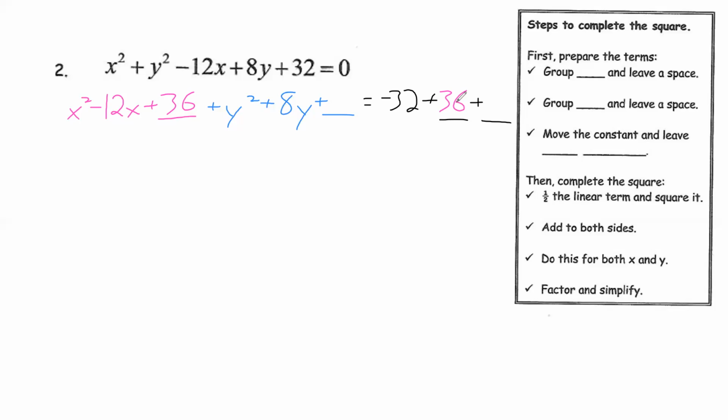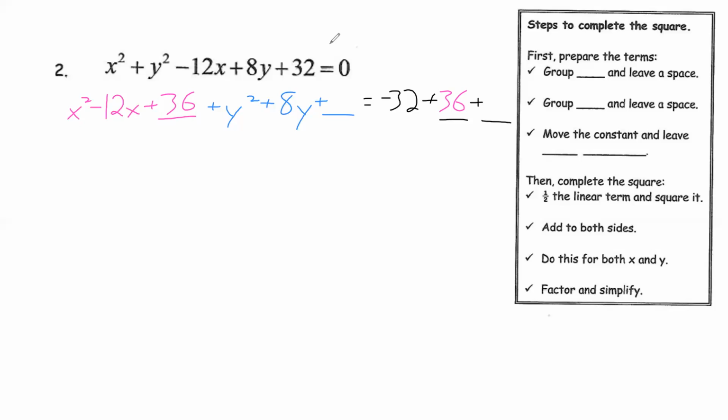All right, for the y's, again, same thing. Look at that middle number. What number should we end up plugging in for our blank this time to make it a perfect square? Again, we're looking at the 8.